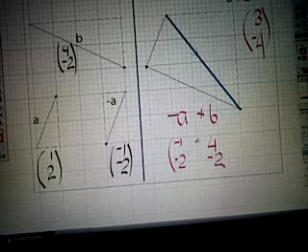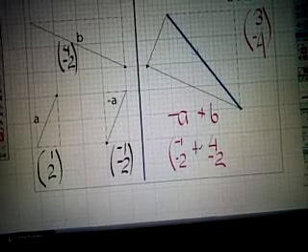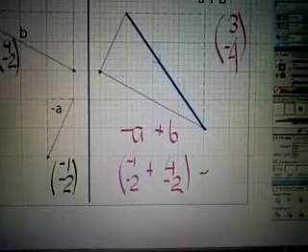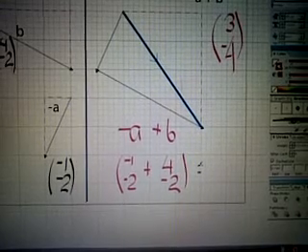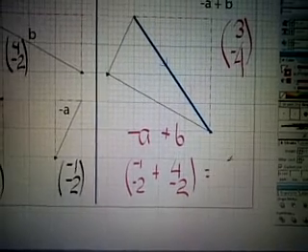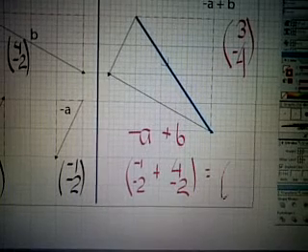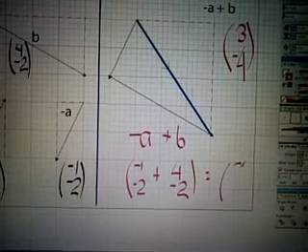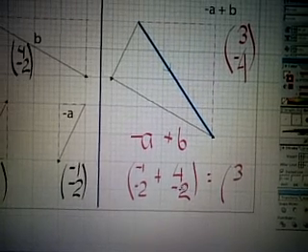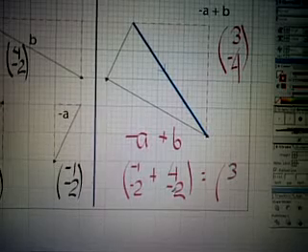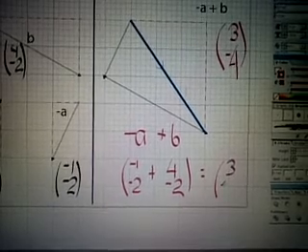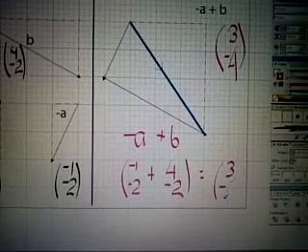And we're adding. Let's see what that gives us. Negative 1 plus 4 will give us positive 3. And negative 2 plus negative 2 is the same as saying negative 2 take away 2, which is negative 4.